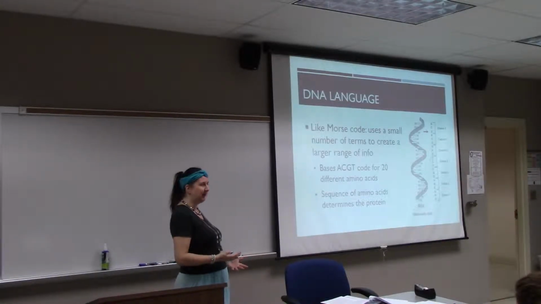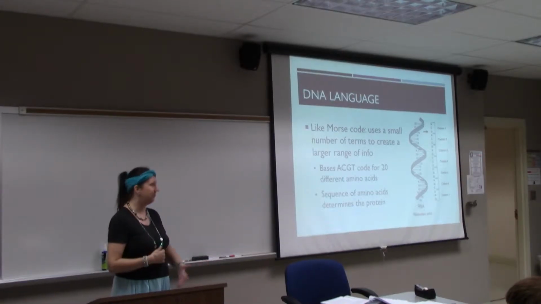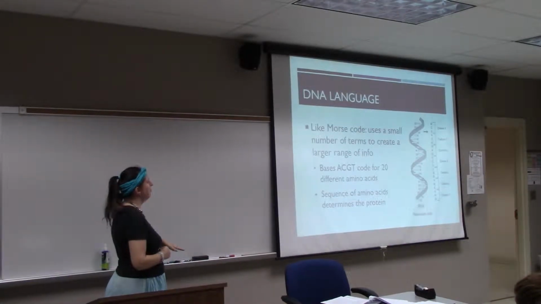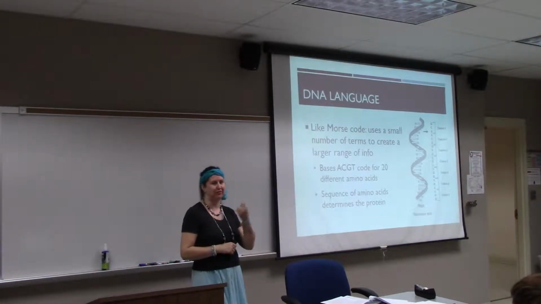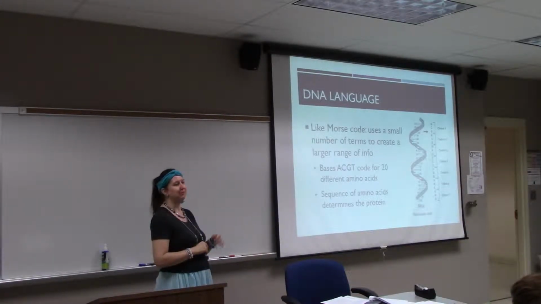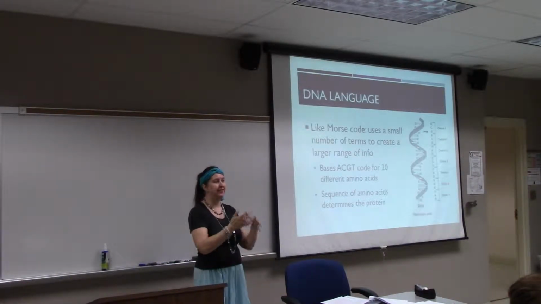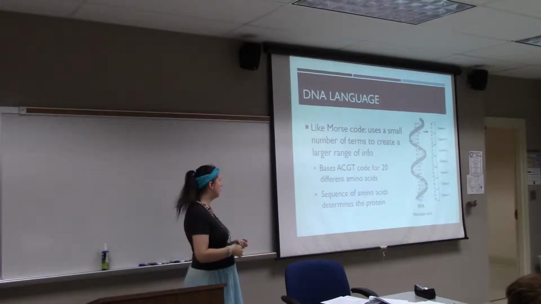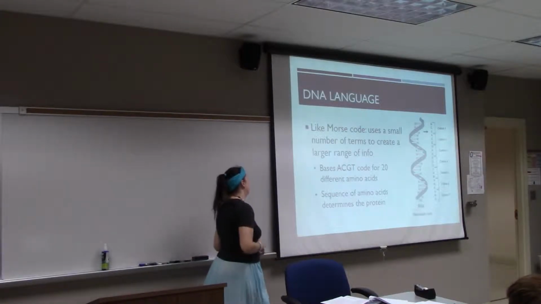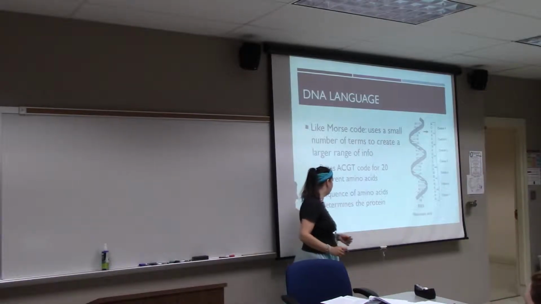DNA is a language that can be translated into protein. It's like Morse code. You might remember some of this from back in chapter 4, where you have a small number of terms, A, C, G, and T, that combine, and those combinations give you more information, which in this case is 20 different amino acids.